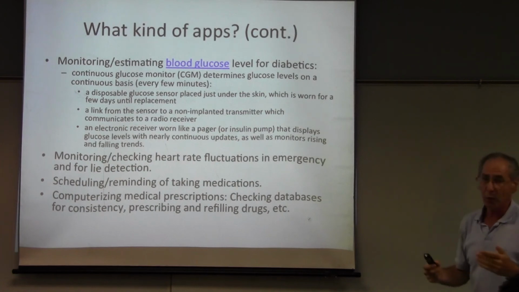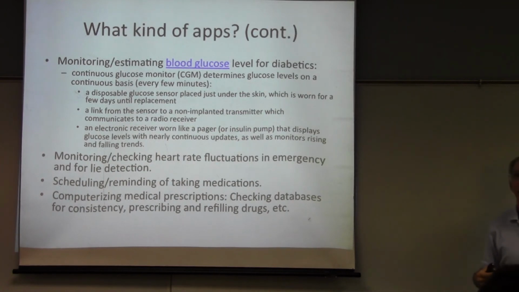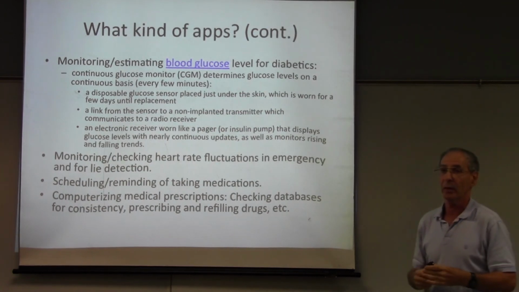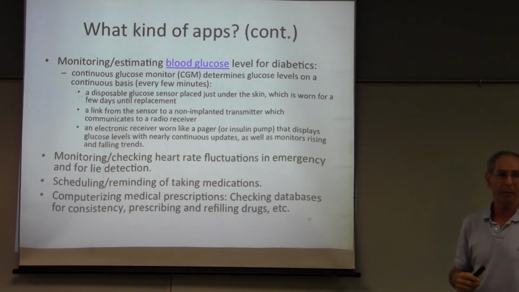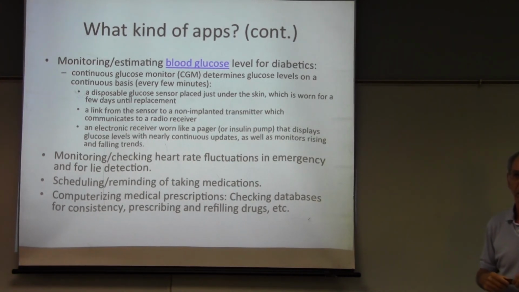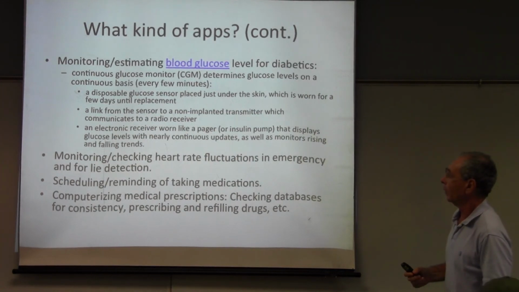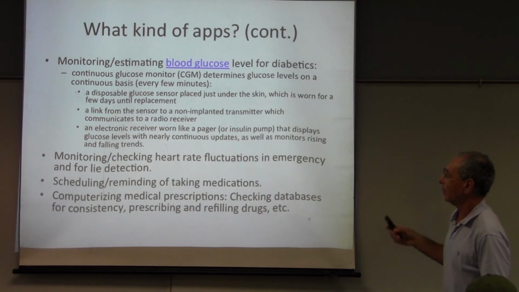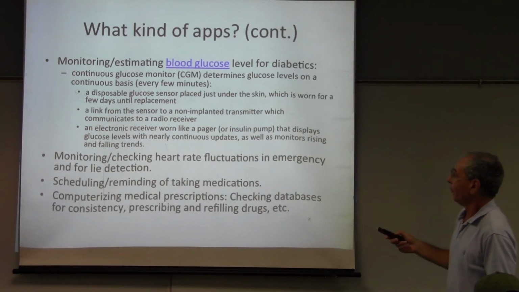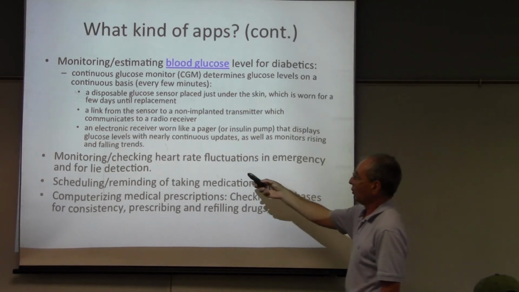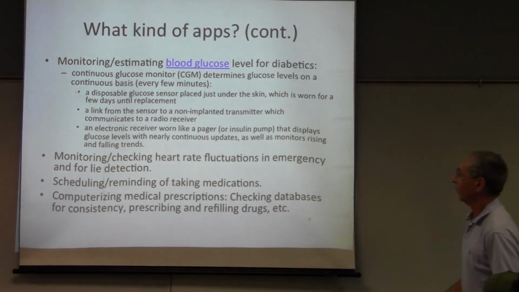I just read an article that it's not just the blood sugar level, but also two other hormones that need to be monitored in order to control the insulin intake.